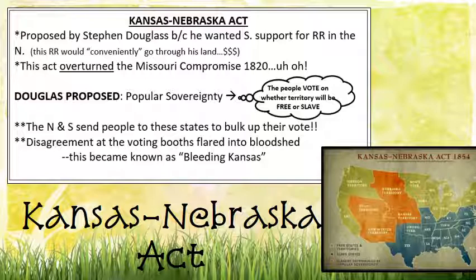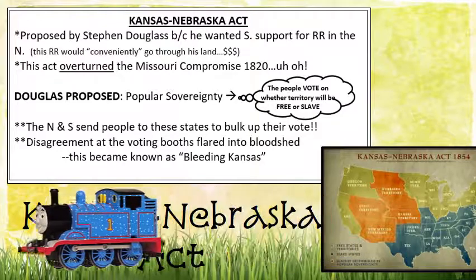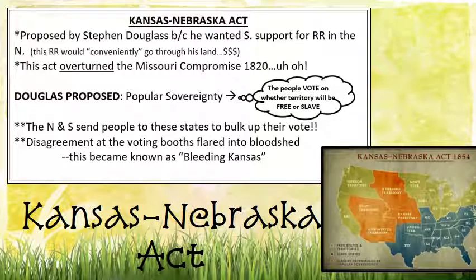So he's going to try to do something to make the South happy, so that the southern congressmen will vote for this railroad to go through the North. Long story short, it's all about the votes, right? So he is going to try to convince Congress to allow a railroad to be put through the North. Now this railroad conveniently goes through his land, which means big bucks for Stephen Douglas.